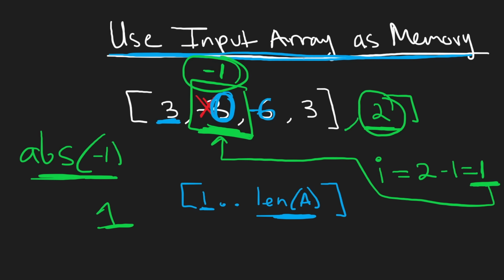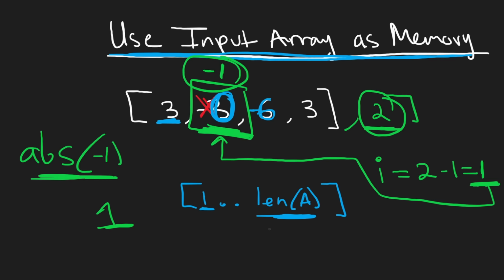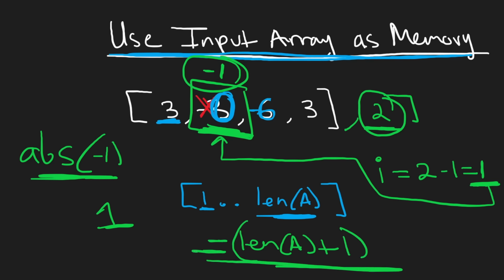So we have to change it to a negative value that does not affect the solution. But remember, the solution set could only be from 1 to the length of the input array. So if we change it to negative length of the input array plus 1, we're not changing the solution set.